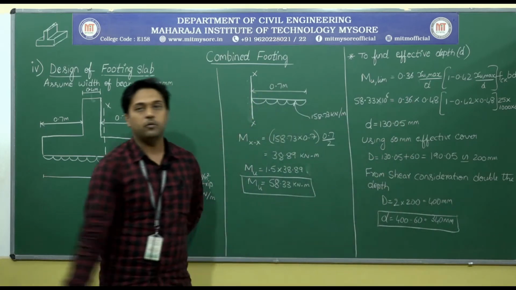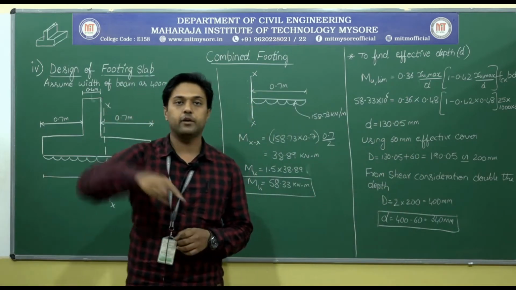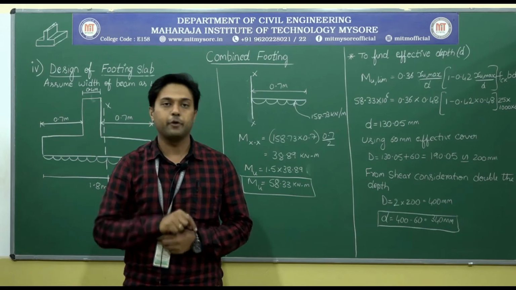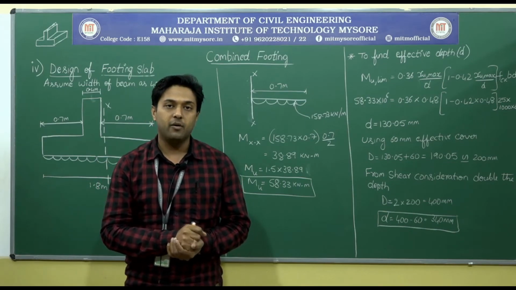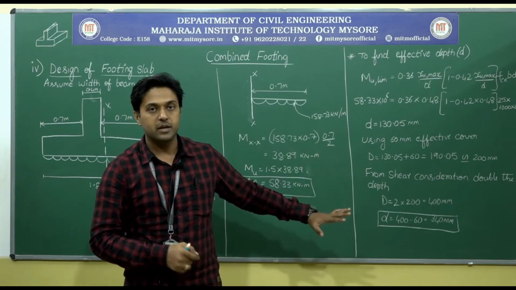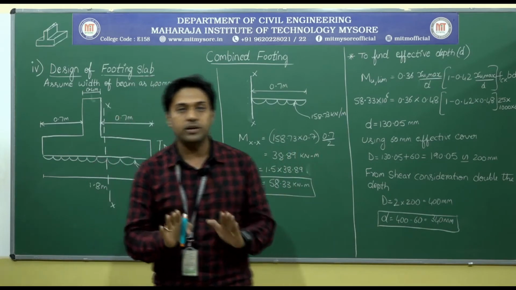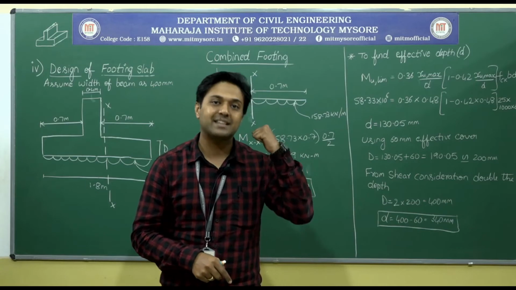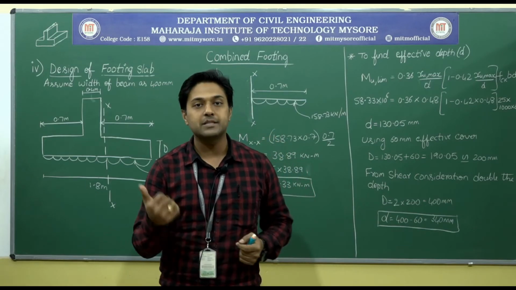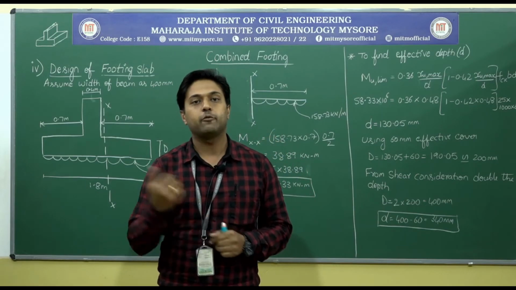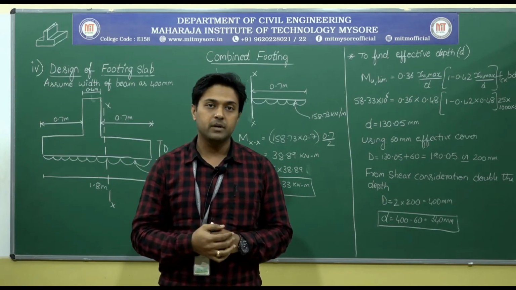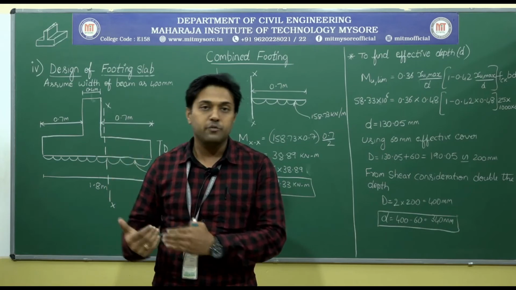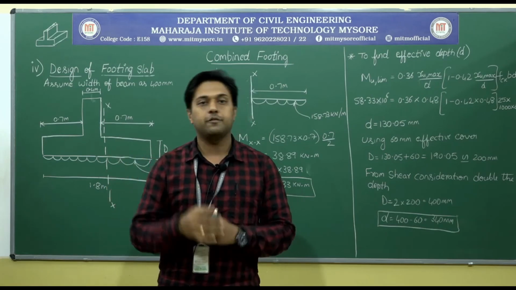So now we came to know what is the length of the footing, what is the width of the footing, and what is the depth of the footing. So now as we have calculated all these things, what is the final thing that I need to do here? As it is a footing slab, I need to calculate the spacing of the bars. If I want to calculate the spacing of the bars, how much spacing we need to give? It depends on the area of steel.